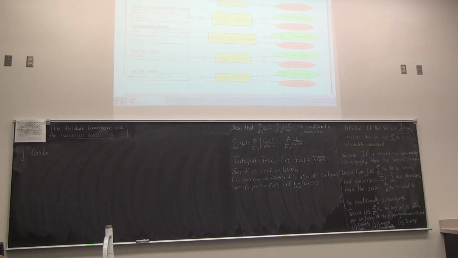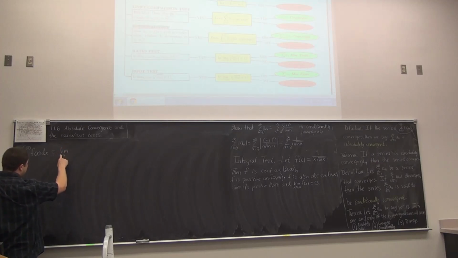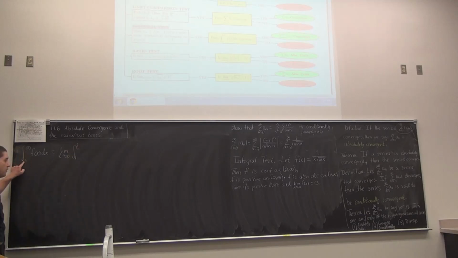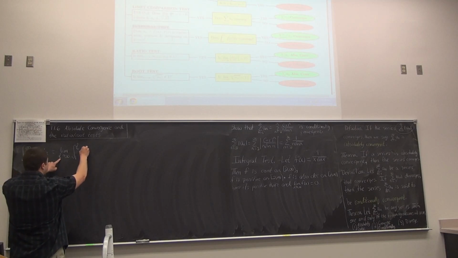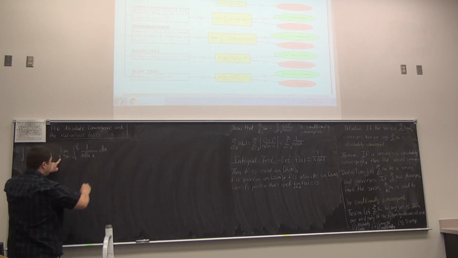So we need to determine if this type 1 improper integral converges or diverges. So this is now going to be equal to the limit as, let's not do n, but how about t goes to infinity? I get used to n's after a while in this chapter. This is now the definite integral from 1 to t, but the value of t will increase. And f of x was 1 over x times the square root of the natural log of x dx.